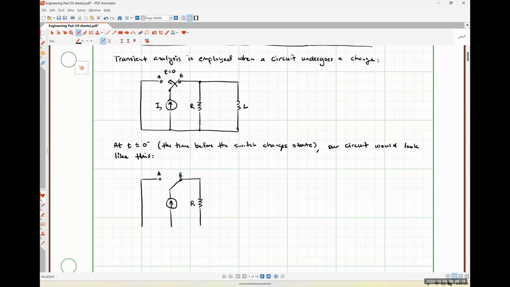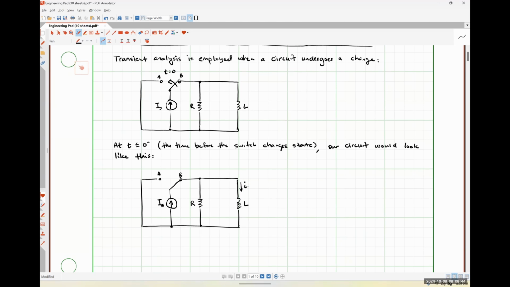Here's our resistance R. And here is our inductance L, like so. And so what I want us to think about here is what the inductor current is doing.